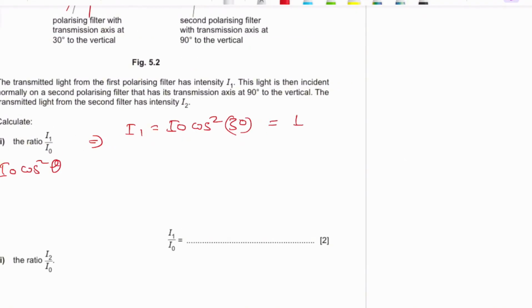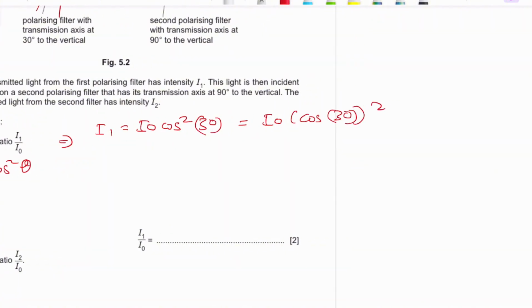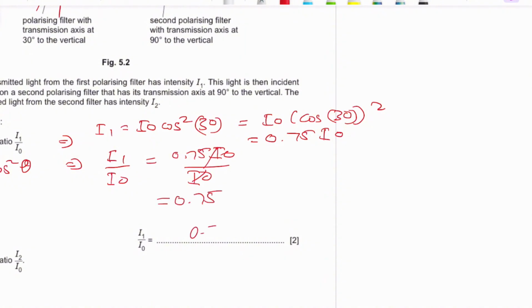You open your brackets, then you say cos of 30, you close that, then you say squared. If you punch that on the calculator, that will give you 0.75 I naught. But the ratio of I1 over I naught will be 0.75 I naught divided by I naught. So that cancels out. That gives you a ratio of 0.75.